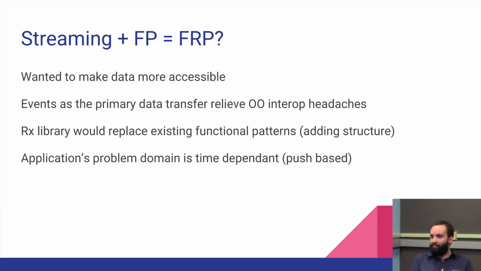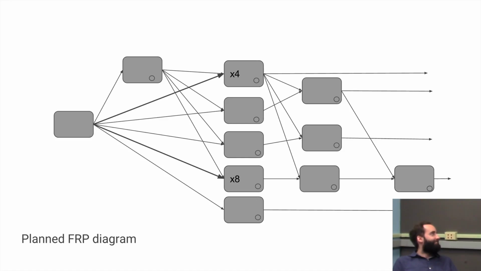I didn't know anything about lenses yet, so I was having a lot of trouble with data access. I was just having something change, I would fire events. A lot of things I was like, oh, FRP is going to be my OO killer, right? So I was like, I'll just take that same thing I had before and it'll stream data, right?